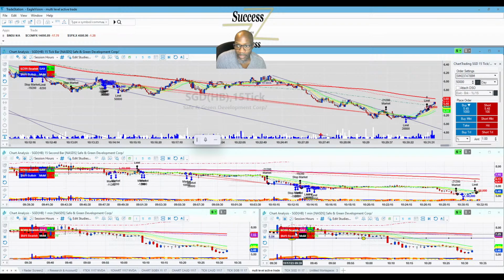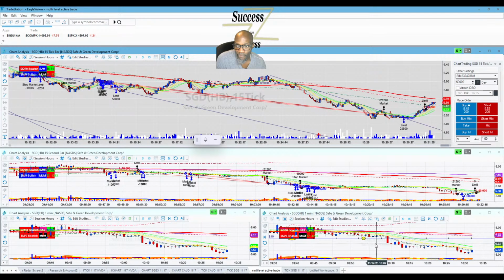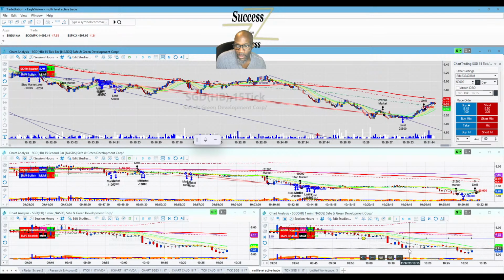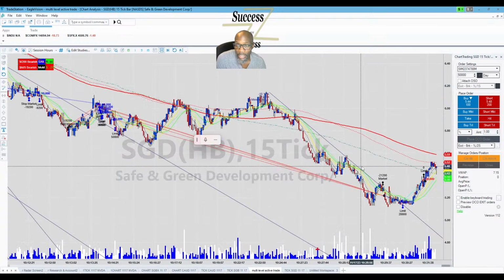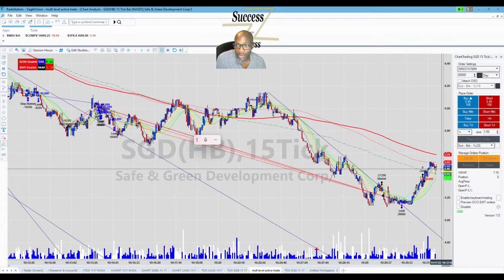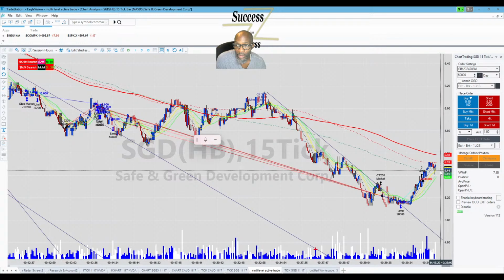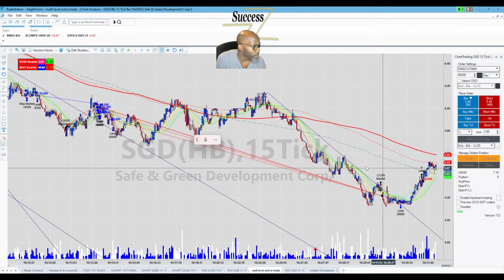So that's the first large attempt at a move. That's the first significant pullback. Question is, will it hold?